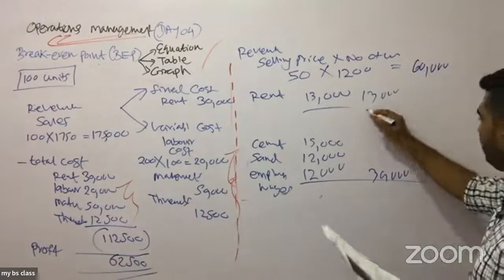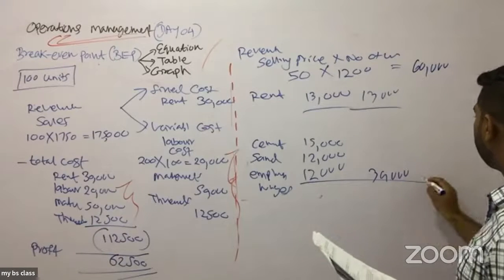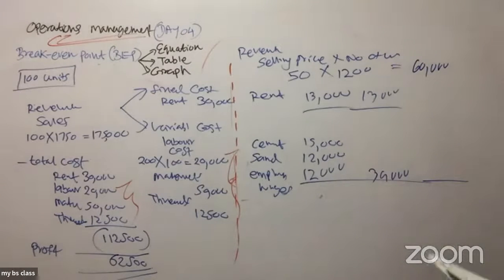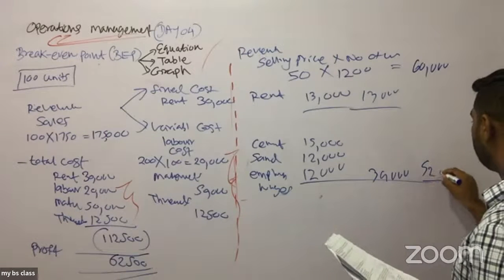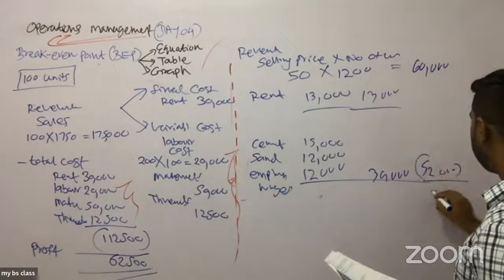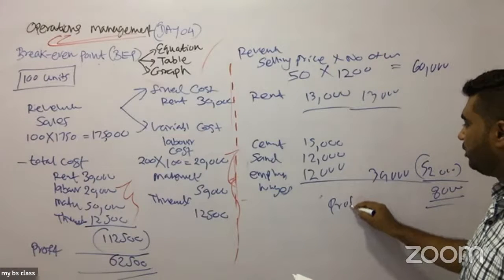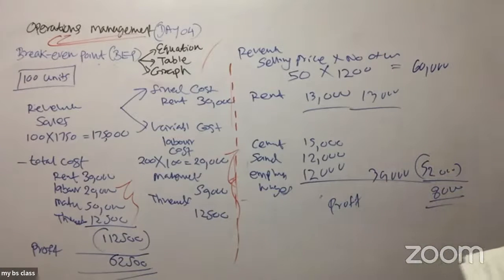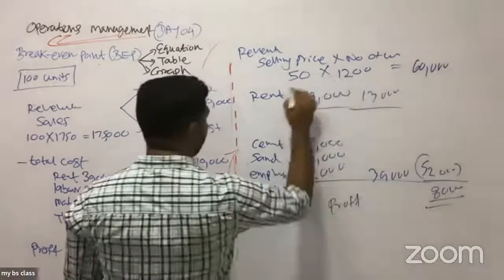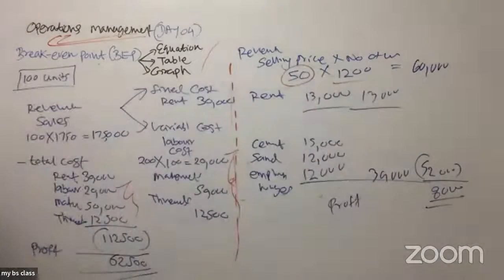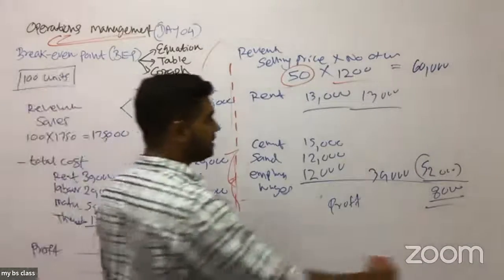And you got your total production cost, 13,000 plus 39,000, which is 52,000, and then your profit is just 8,000. Got that point? You got your revenue, selling price into number of units. So 60,000 is your revenue.